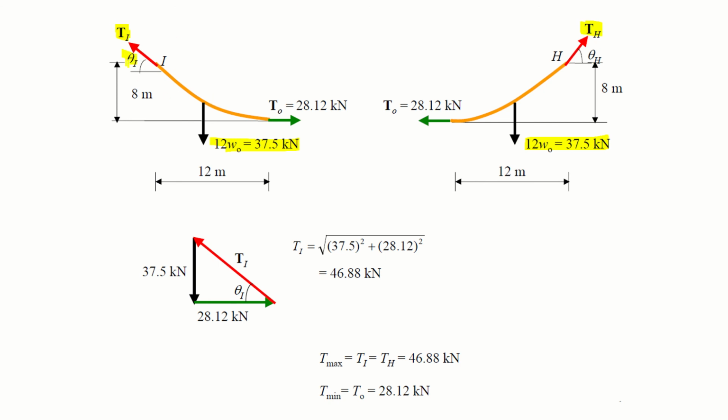We don't know the theta I and theta H. Okay, so using trigonometry for theta I, we know the perpendicular, we know the base. So use perpendicular over base and you will get theta I. Similarly, use Pythagoras theorem and you will get Ti. Here Ti is 46.88 kilonewton. Using this equation or this configuration, you will get the same value of Th, which is 46.88 kilonewton.